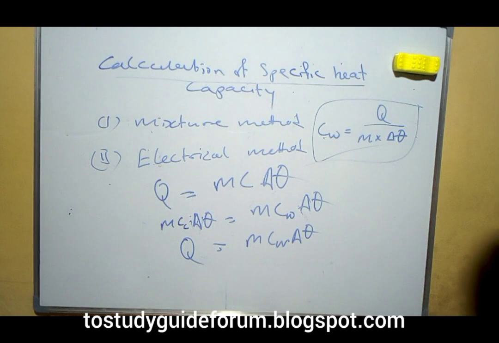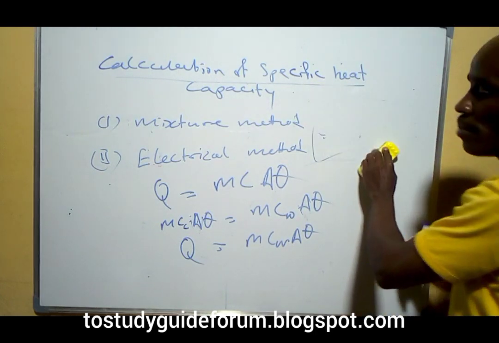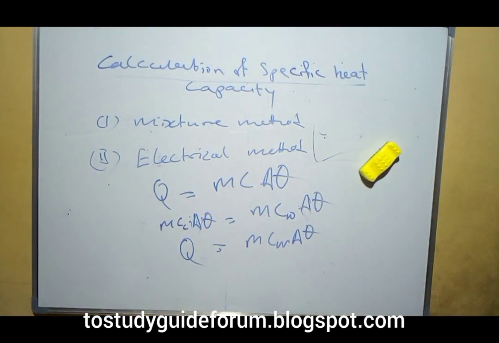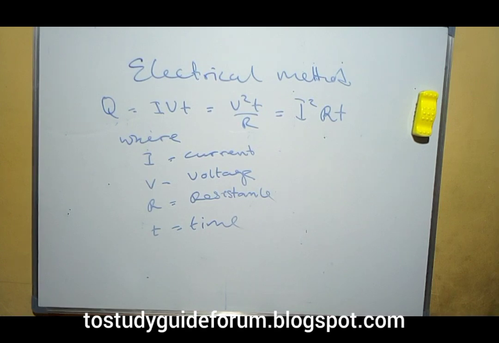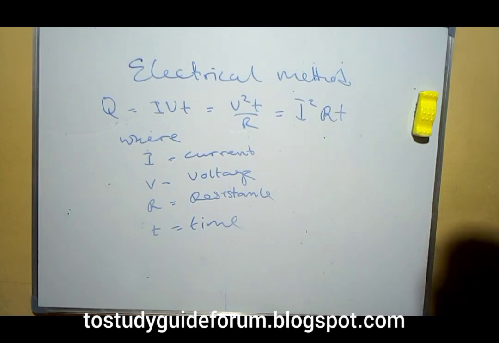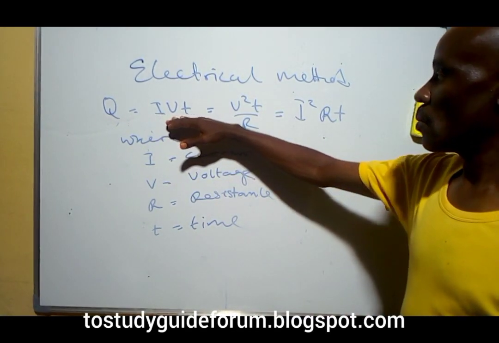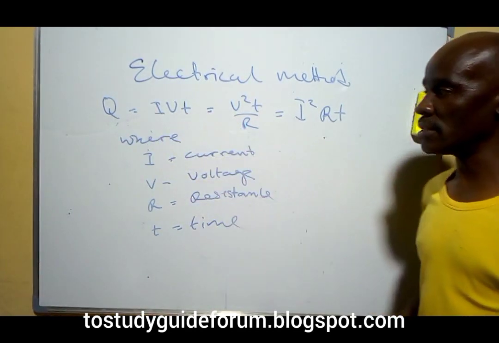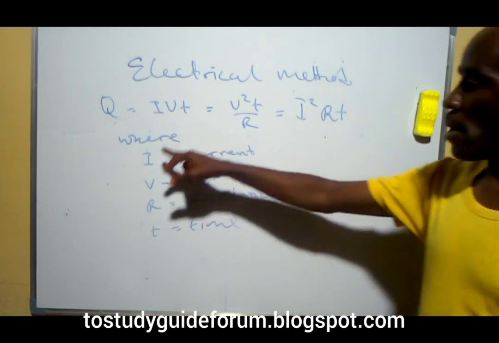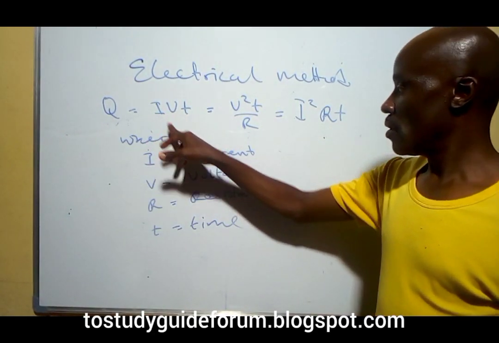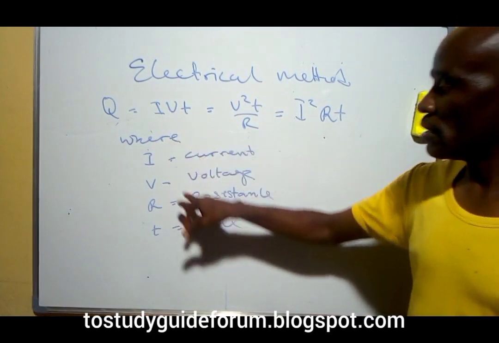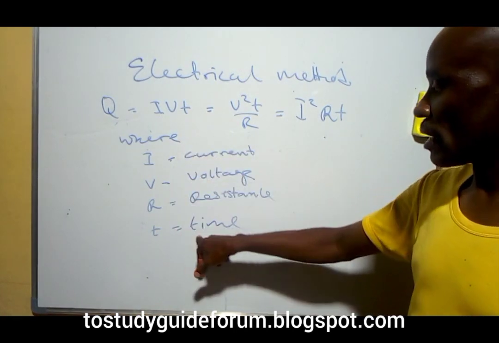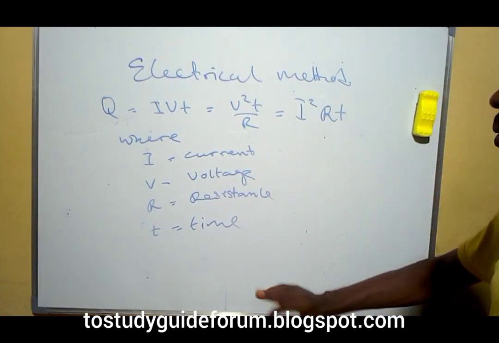In the electrical method, we have the quantity of heat supplied by the electric current, where I is the current, V is the voltage, and t is the time taken for the flow.